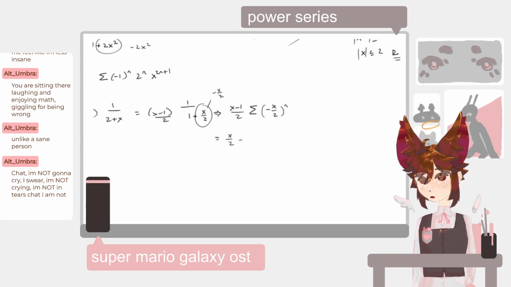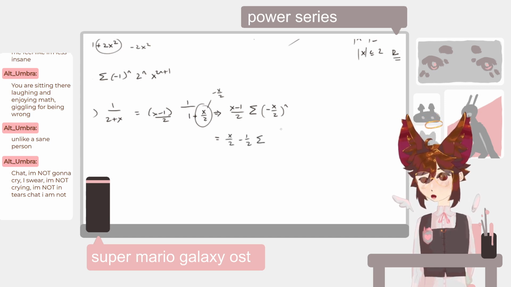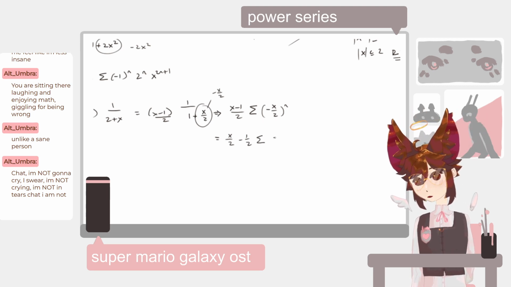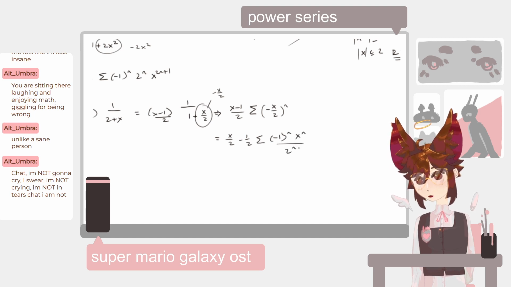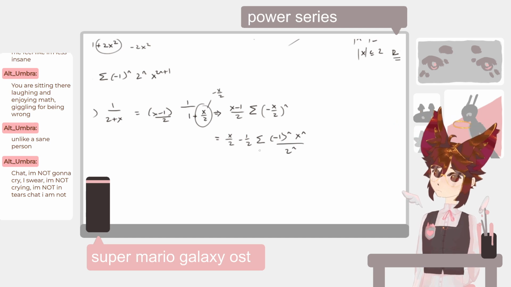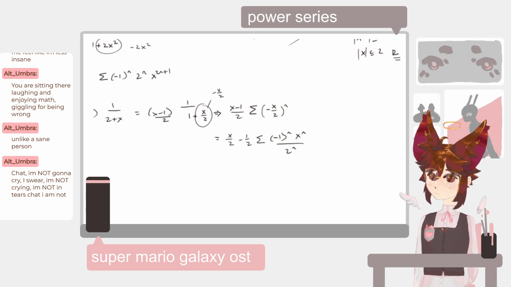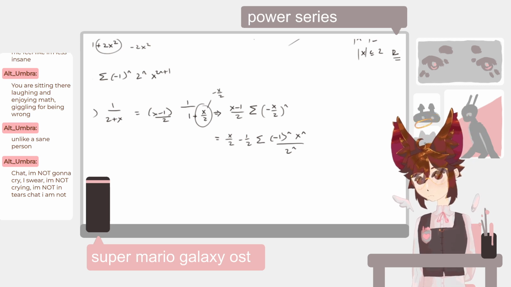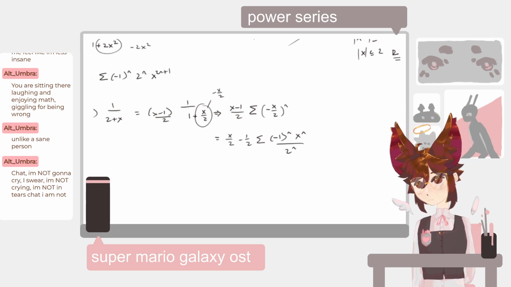x minus 1/2, like that. And then have the negative 1 to the n, x to the n over 2 to the n. But they didn't do that, is the thing. That's so strange. That's so silly. How did they get a 3? Genuinely no clue where they got a 3 from.